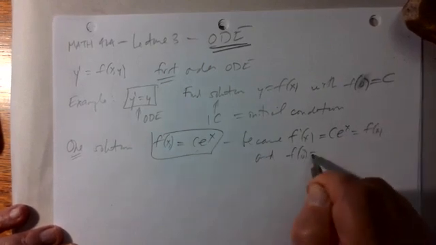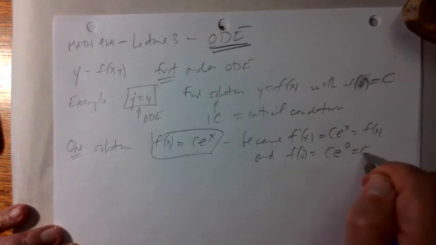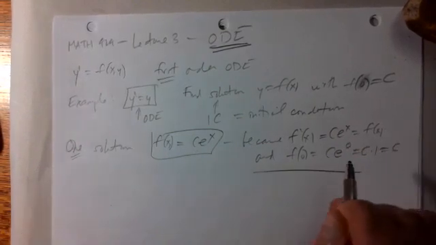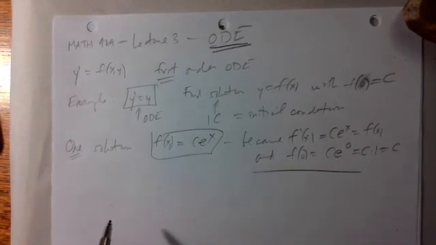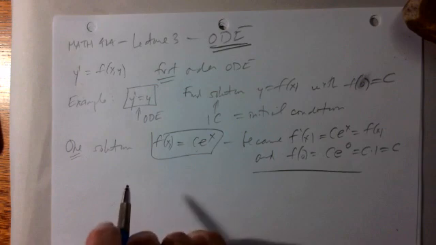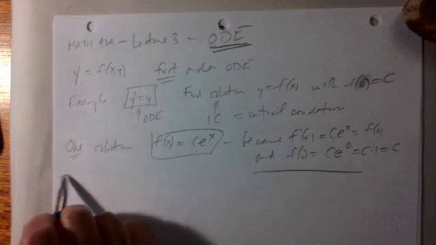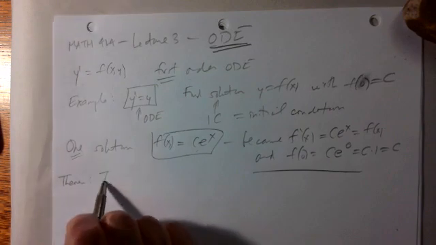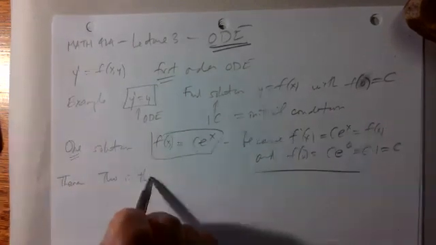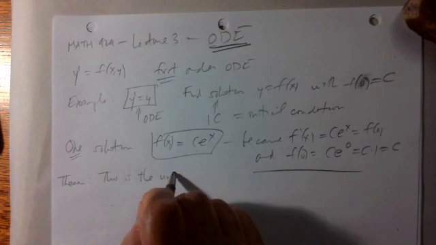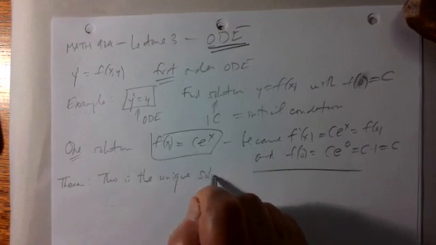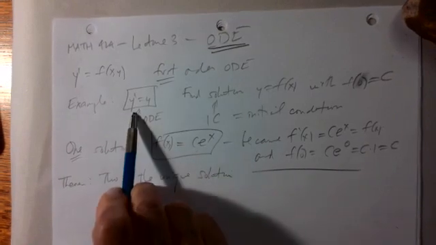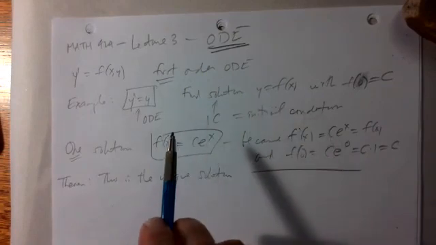And f of 0 is c e to the 0, which is c times 1, which is c. So this is one solution. And we claim, so this is a kind of a theorem, this is the only solution, or the unique solution, of this differential equation with this initial condition.